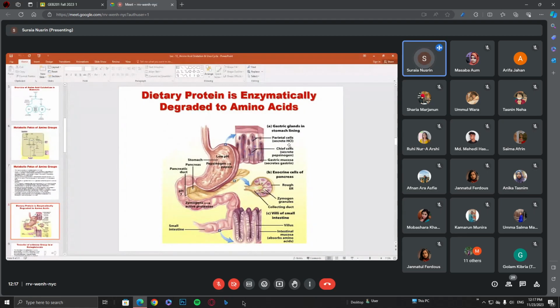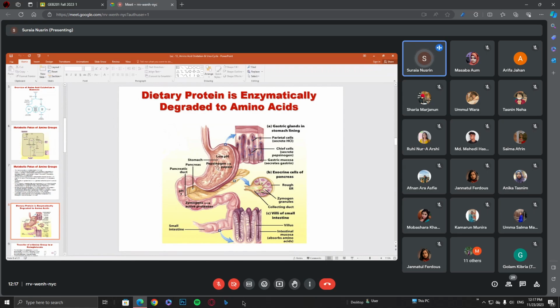And there are different glands. One is made up of parietal cells. Parietal cells secrete HCl. Then there are chief cells. Chief cells secrete pepsinogen, and there is the gastric mucosa, which secretes gastrin.